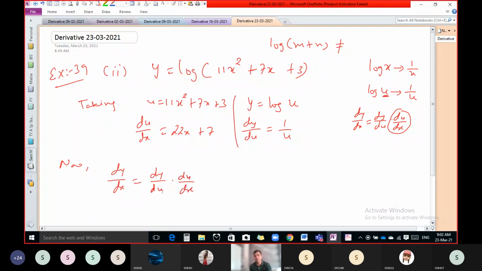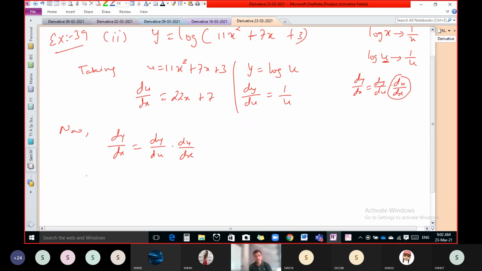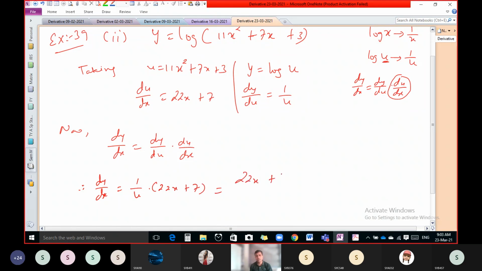So simply multiply these two. We get dy by dx equal to 1 upon u into the derivative of u, that is 22x plus 7. So my final answer is 22x plus 7 upon u. But what is u? 11x square plus 7x plus 3. So this is the answer.